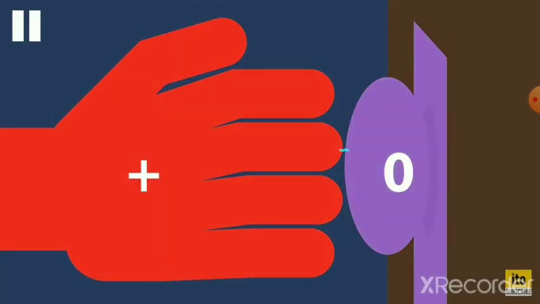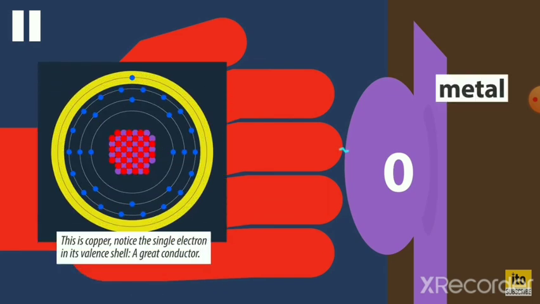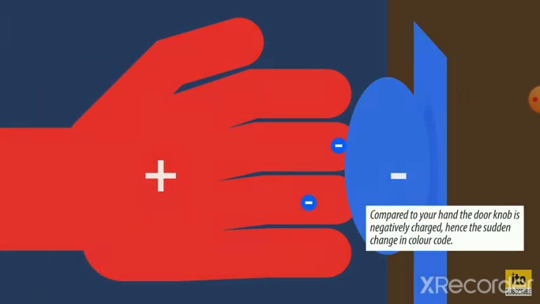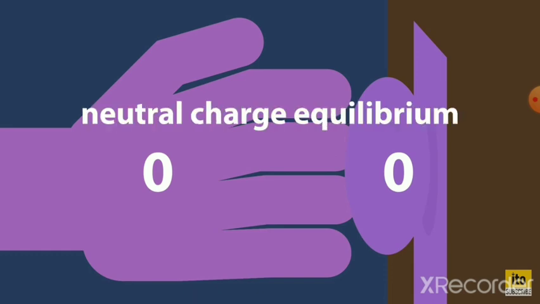The doorknob may be neutrally charged. It is metal, and metals too are conductors with loosely bound electrons on the outer shells of their atoms. These electrons immediately move to your body to restore the charge imbalance, giving you a jolt. Nature always seeks a neutral charge equilibrium, a net charge of zero.